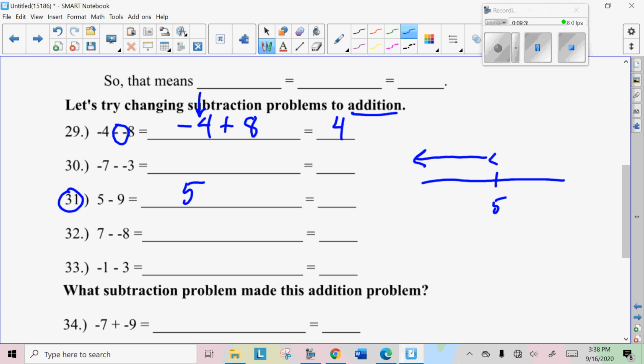If I was adding, I'd be facing this way, but I'd be going backwards. So adding -9, and that ends up to be -4. Okay.